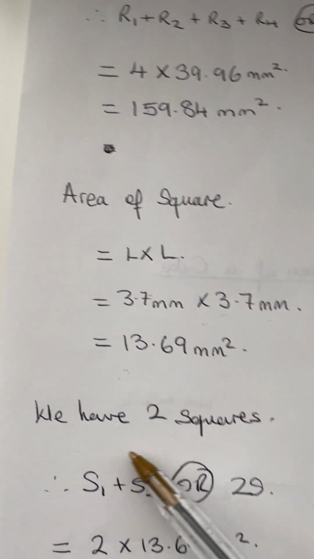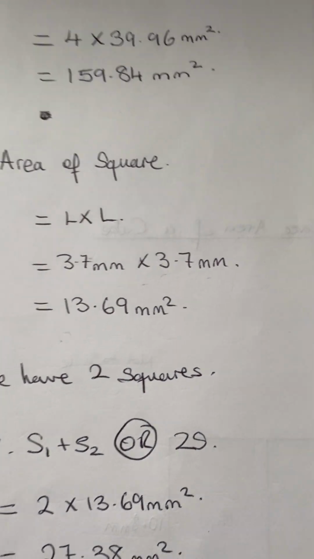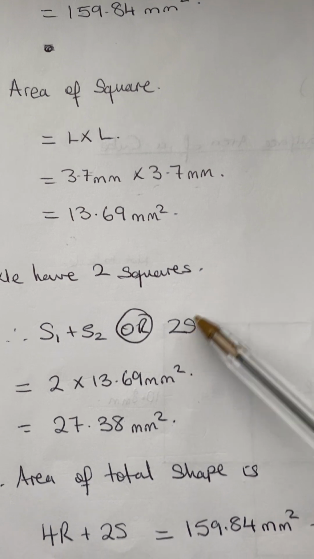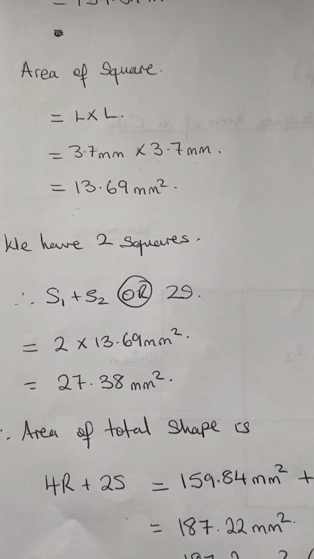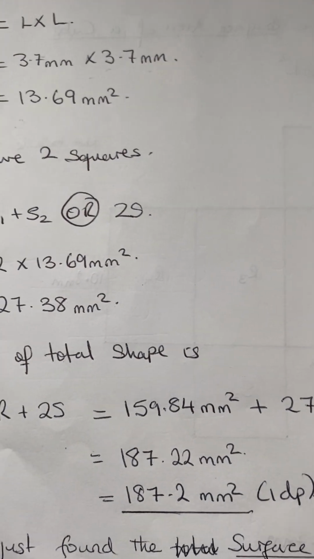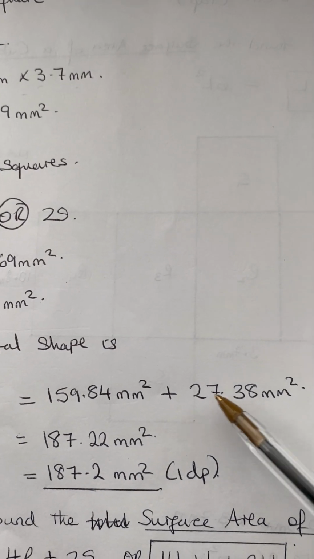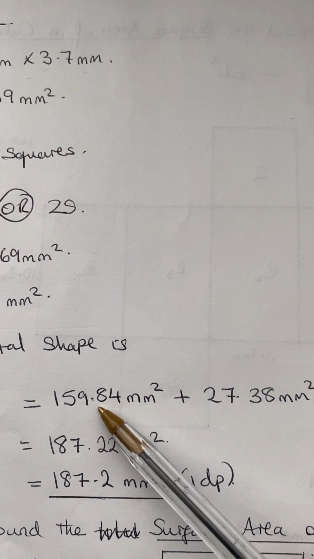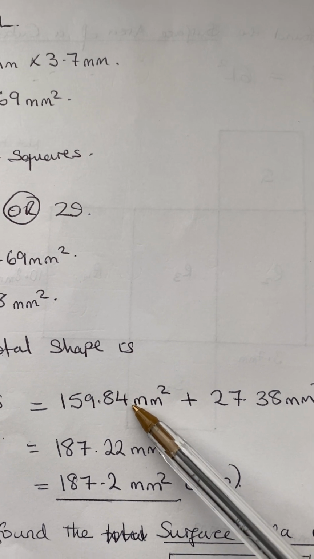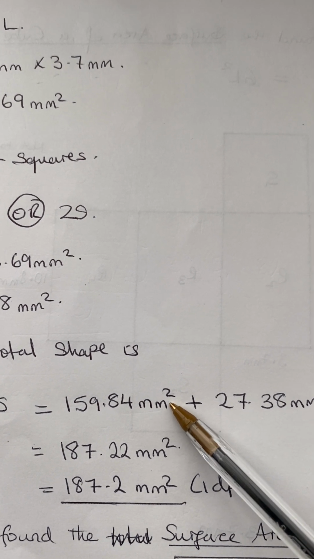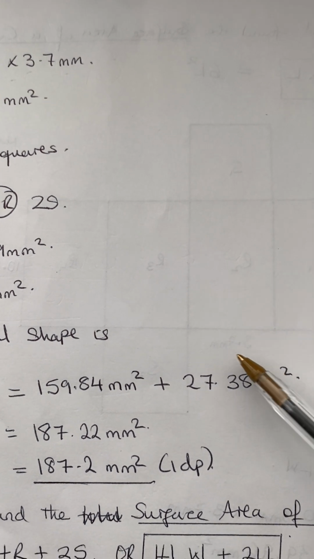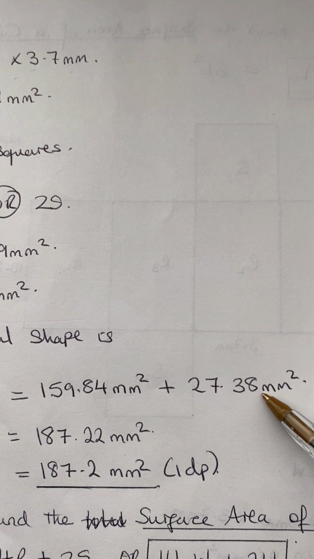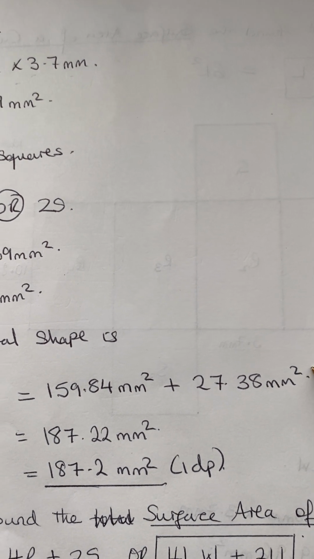So now we have 2 squares and 4 rectangles. If we add them together, the 4 rectangles gave us 159.84 millimeters squared, and the 2 squares gave us 27.38 millimeters squared.